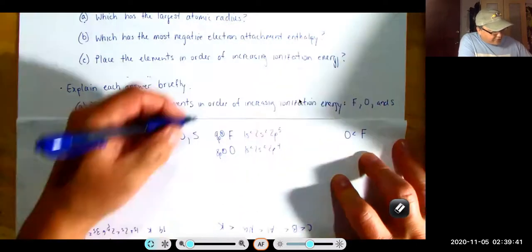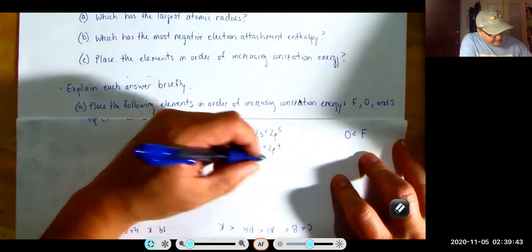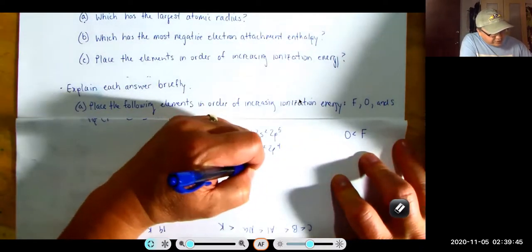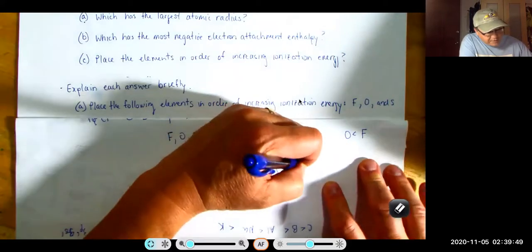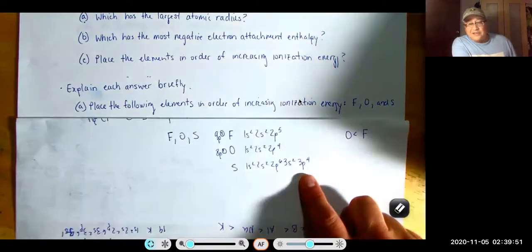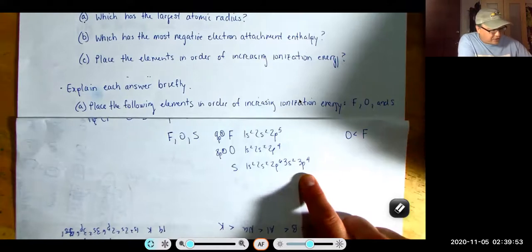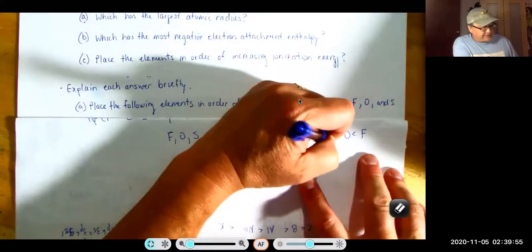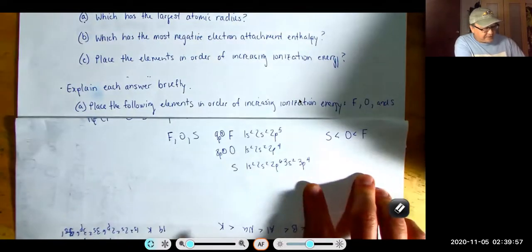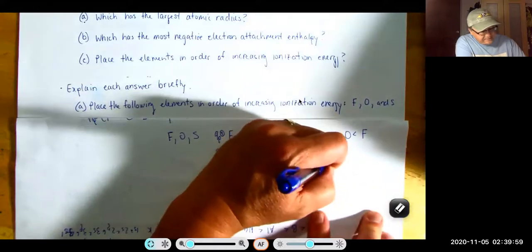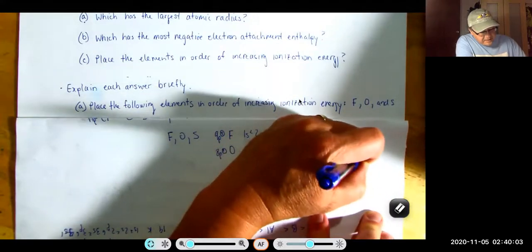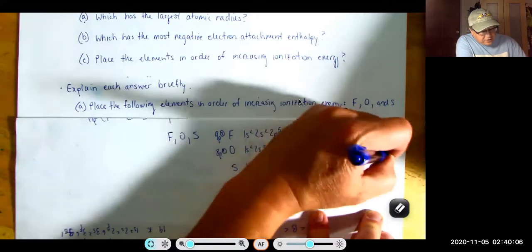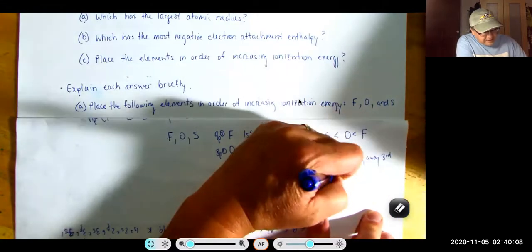And then for sulfur, sulfur is like 1s2, 2s2, 2p6, 3s2, 3p4. You're taking away an electron from the third shell. So sulfur is definitely the easiest. So this is the easiest, taking away a third shell electron.